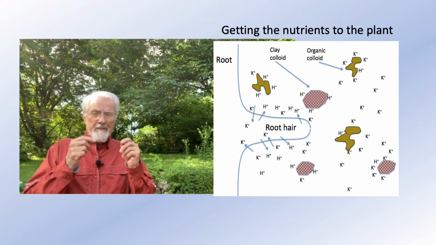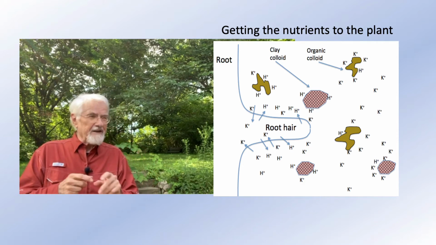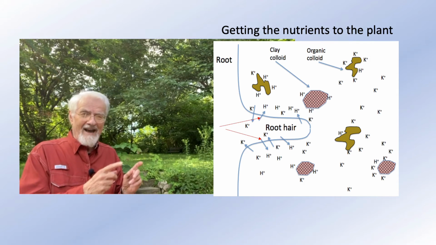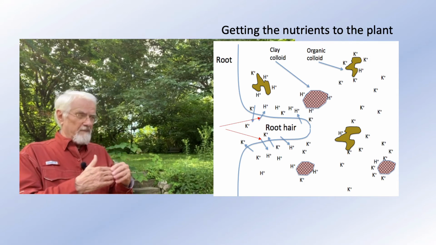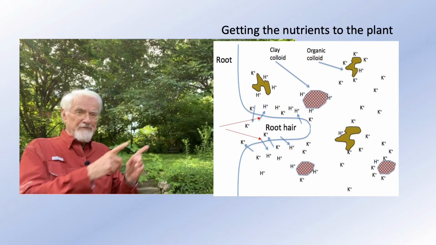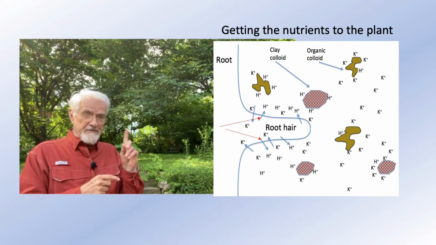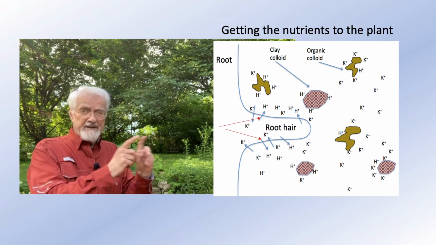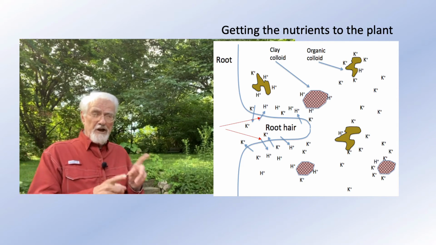Now, what the plant is doing, here I'll indicate with two arrows, is actually pumping hydrogen out from the inside of the plant into the soil solution. Now, hydrogen is a cation, right? Hydrogen is positively charged.